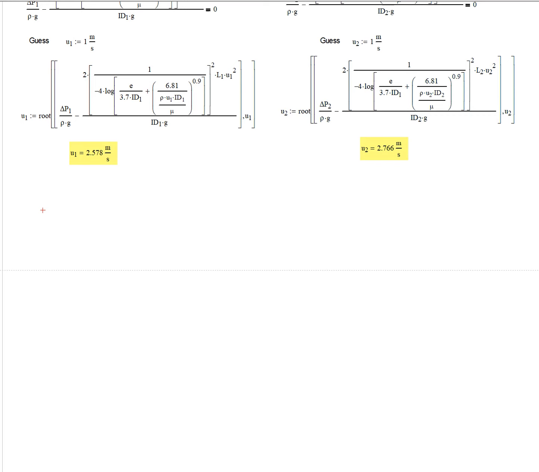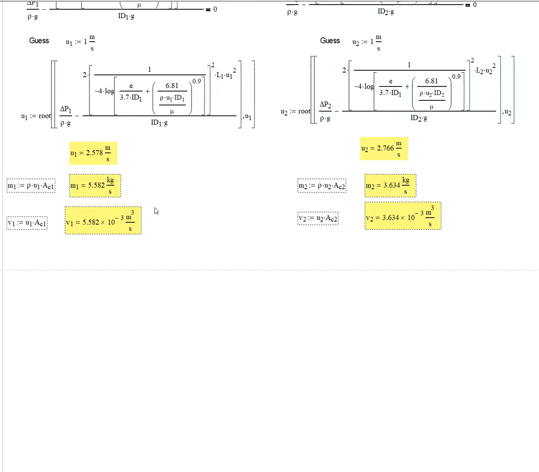So these are our values for the linear velocity. From this, we can then calculate the mass flow rate and the volumetric flow rate. We calculate the mass flow rate. We get about 5.6 kilograms per second. Remember, branch 1 is a larger branch.